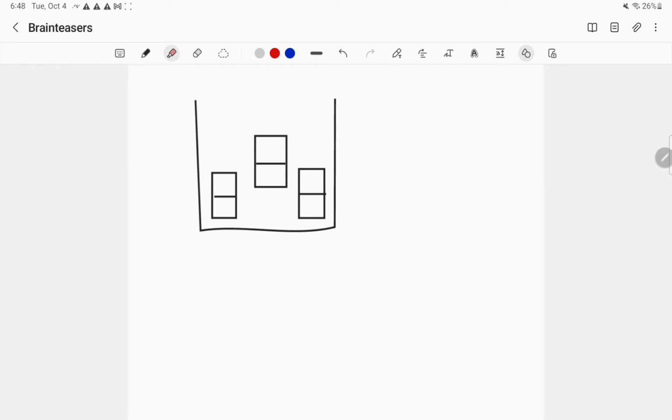So the colors are, in this first card, both sides are blue, and the second card only one side is blue and the other side is red, and the third card, both sides are red. So the question is, we are going to randomly draw a card.